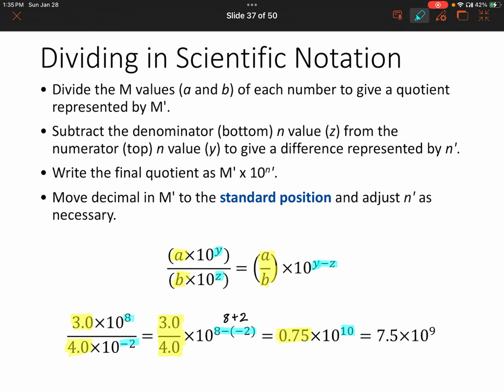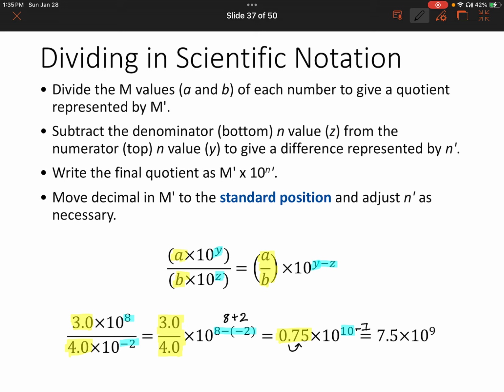But again, notice that the coefficient is not between 1 and 10 or equal to 1. So in this case, we're going to move that decimal over to the right so that our new coefficient is 7.5. Now when we do that, we actually need to subtract 1 from our exponent.